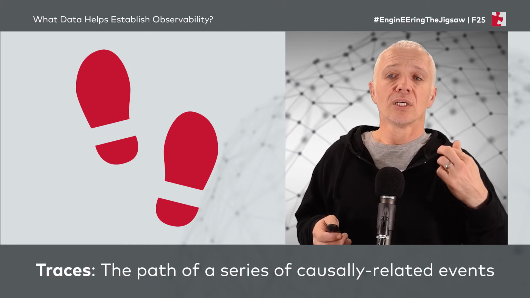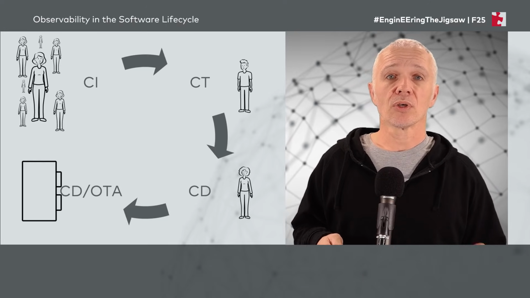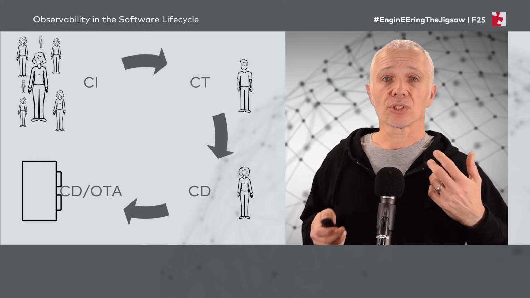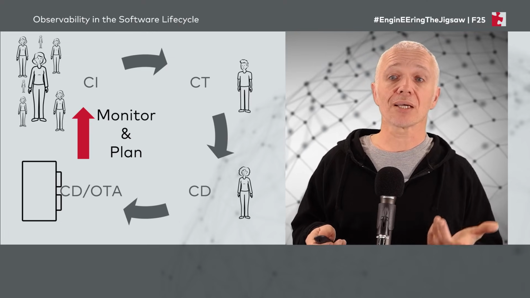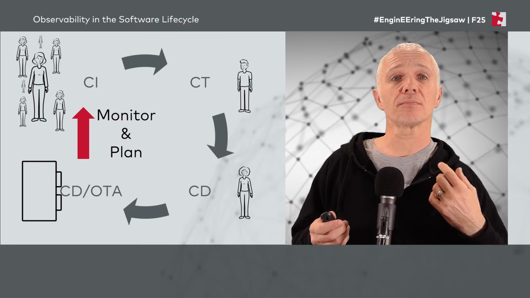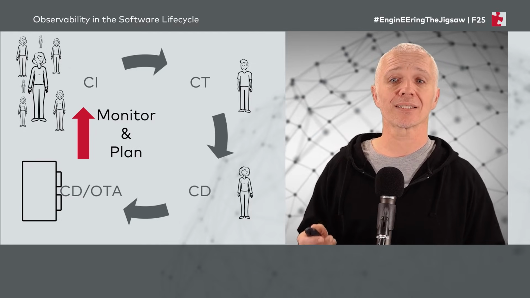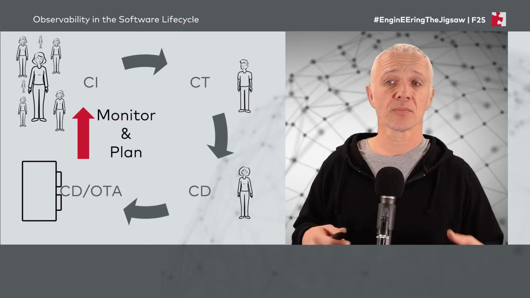So if we bring observability to our software lifecycle, observability allows us to close the loop. It allows us to monitor our system in use, and it allows us to perform some planning about things we want to do next in our next CI cycle.